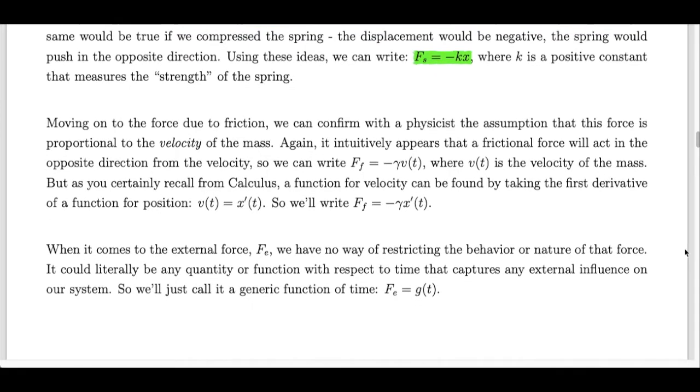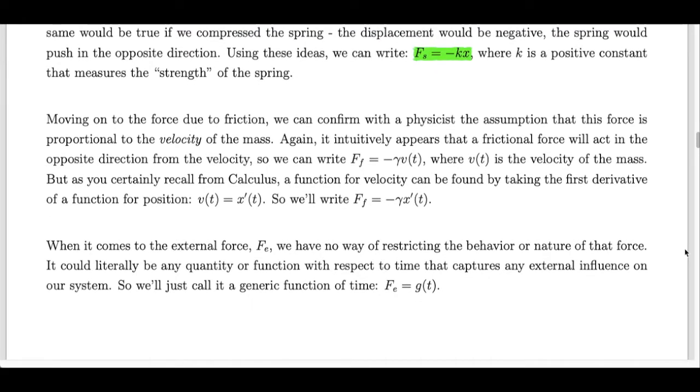Next up, the force due to friction. Now, friction can be complicated. There are many different types of friction. There's air resistance, there's friction between 2 surfaces, static friction, etc. For our purposes, we're going to use the assumption that the force due to friction is proportional to velocity. And then again, it makes sense that this force is acting in the opposite direction from the velocity.